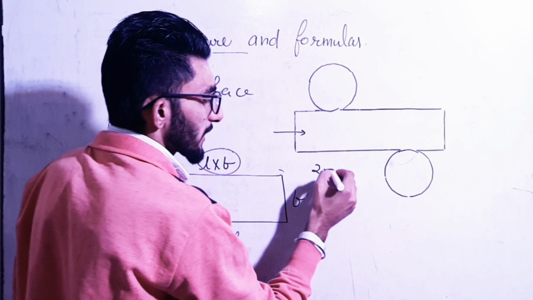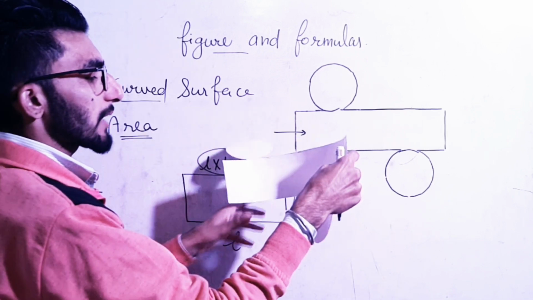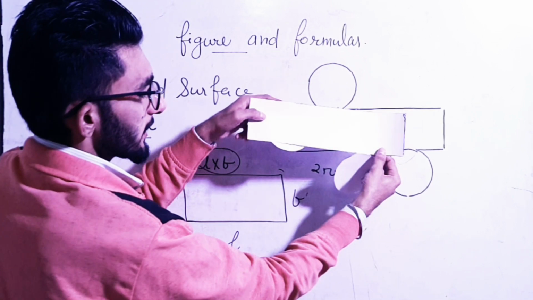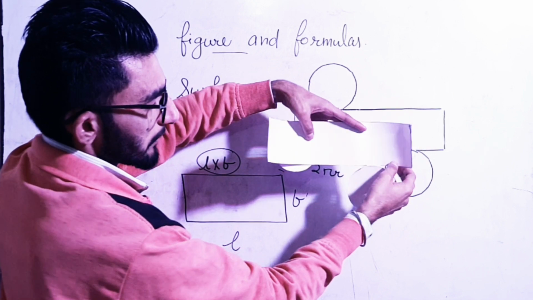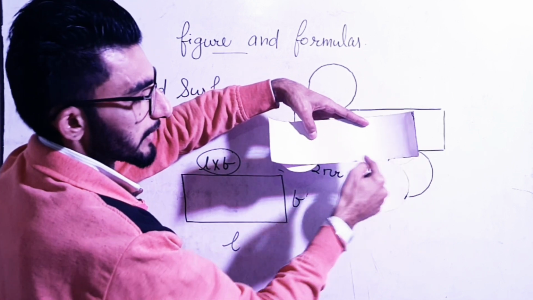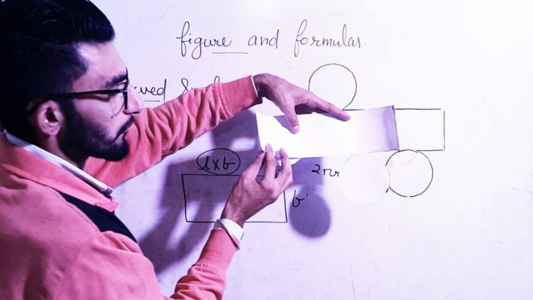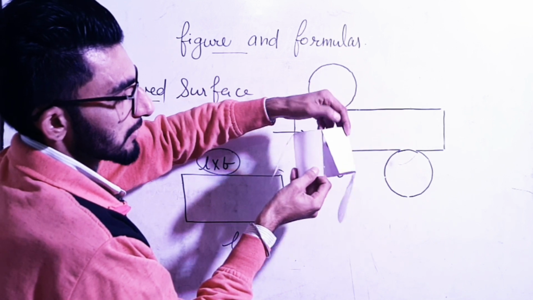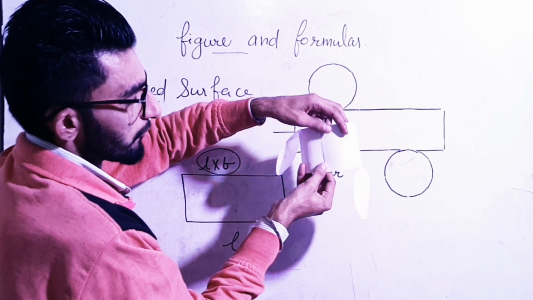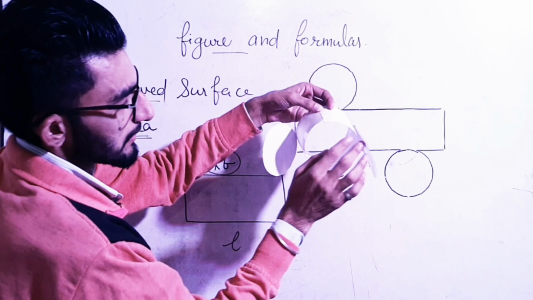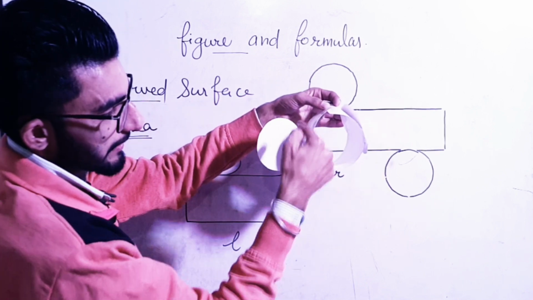So what is this 2 pi r? So see with the help of this net diagram. So see here. This is the rectangular piece in which this is the length of the rectangle. ठीक है. When we fold it edge to edge, we will get this circle. ठीक है.